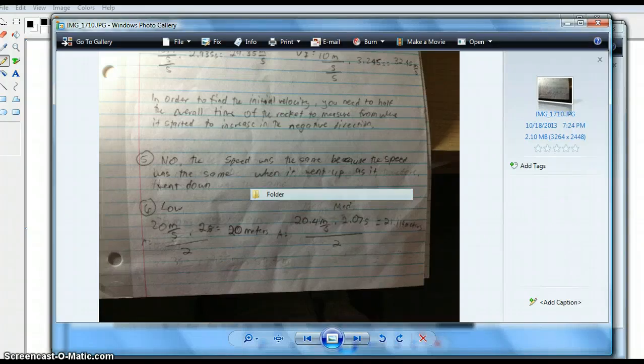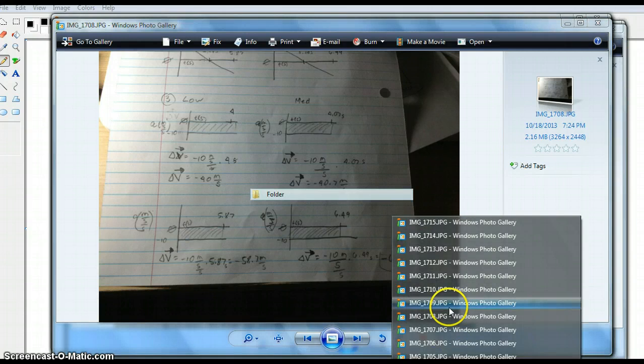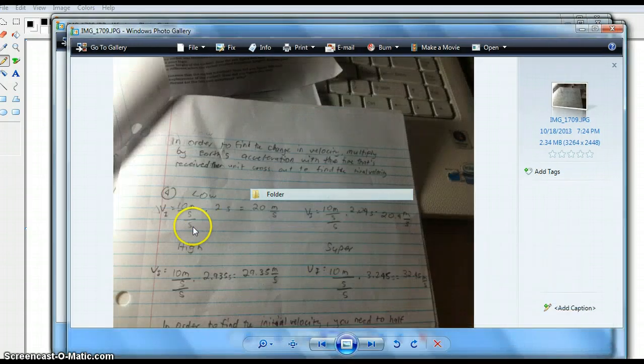Number 4 is asking how far you went up going up, and it's the same logic. This time, you're multiplying. You're finding the initial velocity times the seconds it took from the initial velocity to the highest point.